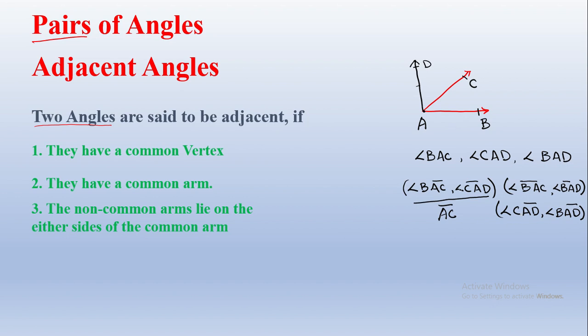So the only pair of adjacent angles in this figure is angle BAC and angle CAD, as it has a common vertex and a common arm. Also, the non-common arms are lying on different sides of this common arm. So we got the pair of adjacent angles here.